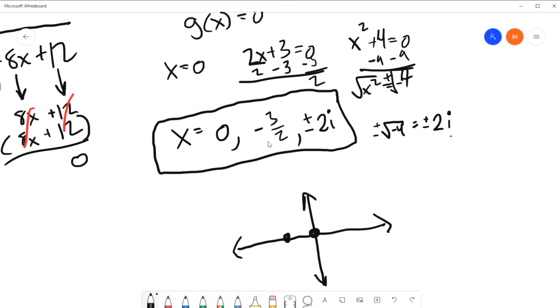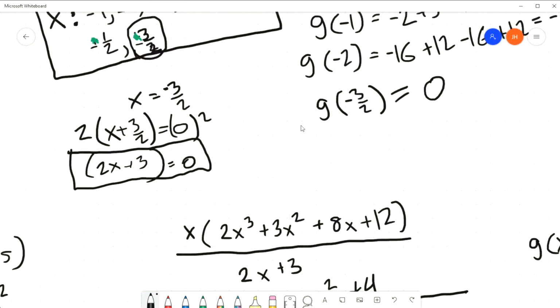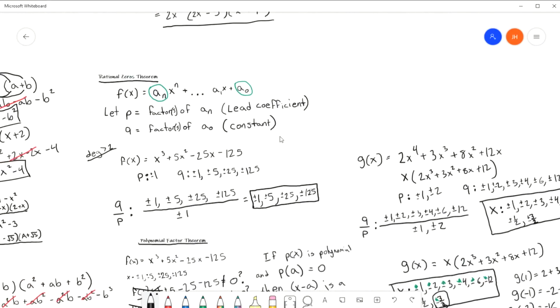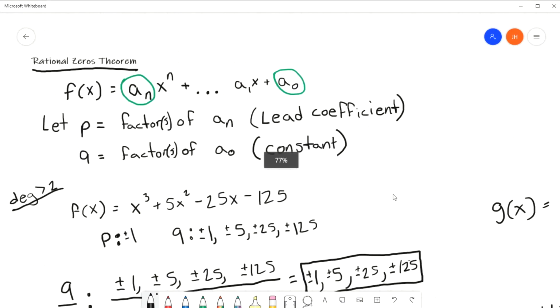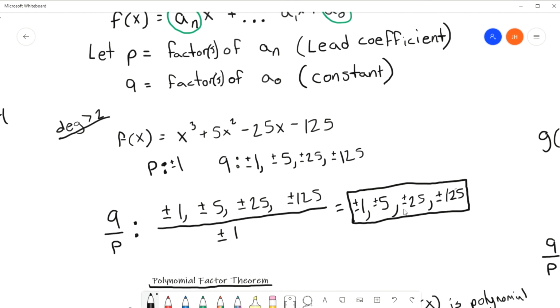So the moral of the story, y'all, I'm going to zoom out a bit on my work here. We use the rational zeros theorem to find a list of possible zeros, based on the lead coefficient and the constant.